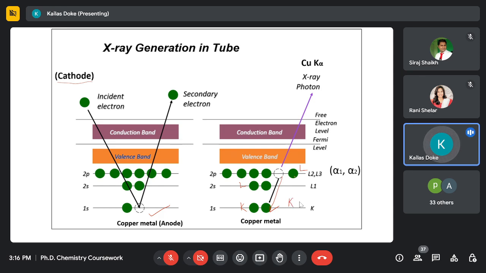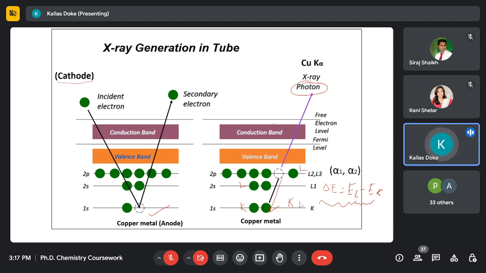So if the L shell electron jumps to the K shell, the energy is lost, and whatever the energy difference between the L shell electron and the K shell electron is, it is liberated in the form of a photon, and that photon is called an X-ray.